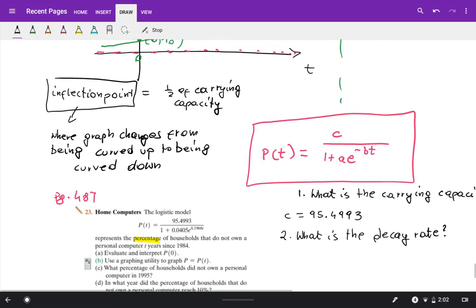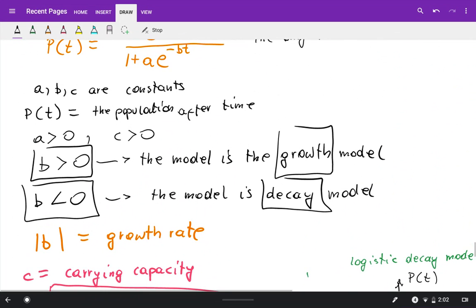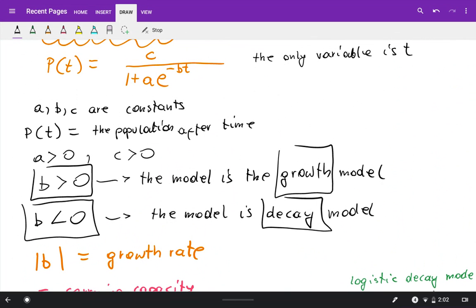Going back to our problem, when I explain decay, it's constant B, the constant that affects how the population increases or decreases.